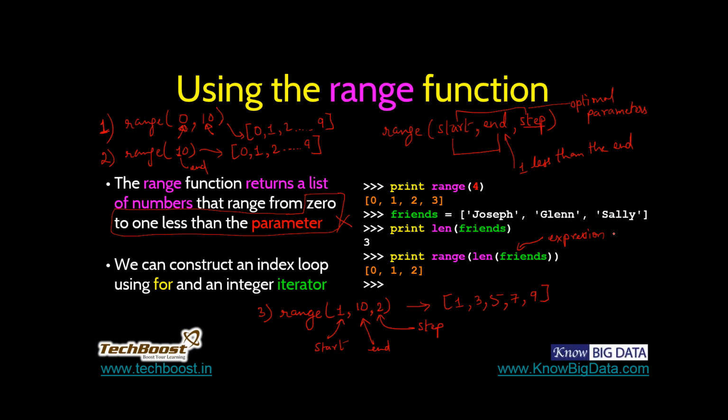This particular expression evaluates to a number, which is an expected parameter to the range function, and hence it works. Len of friends evaluates to the length of this list, which is 3, and hence we get the list of numbers starting from 0 going till 3 minus 1, that is 2.